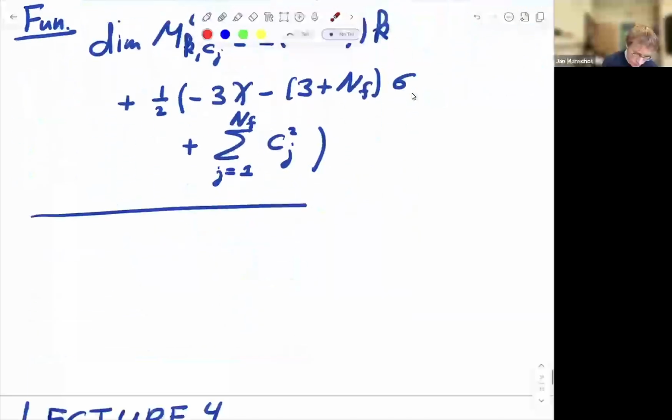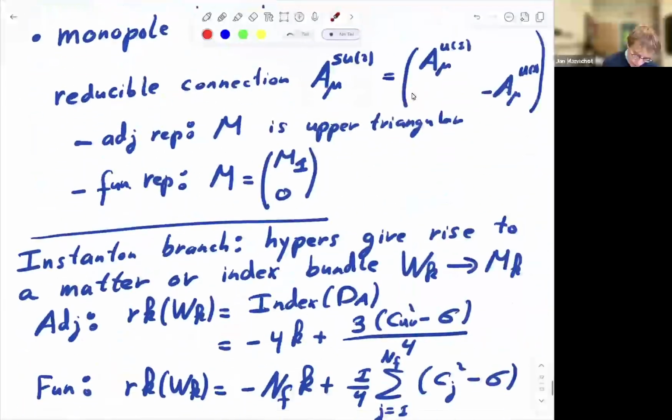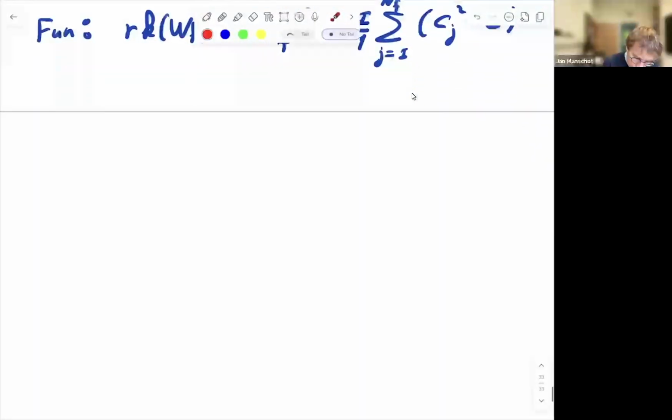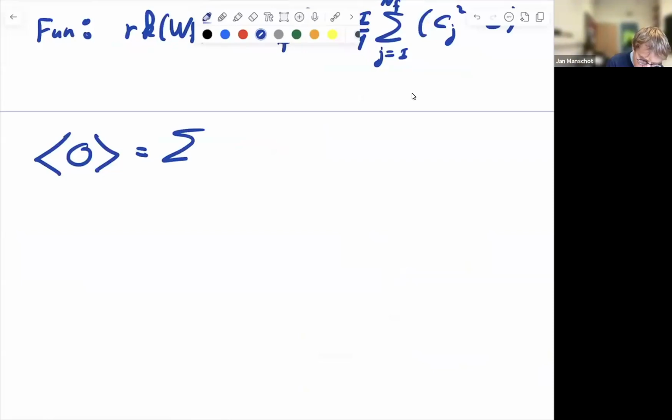And now if we evaluate an observable O, then from this perspective, the path integral takes the following form. We get a sum over the instanton numbers, and then we get a power of the scale of the theory to the power of the dimension of M_Q.